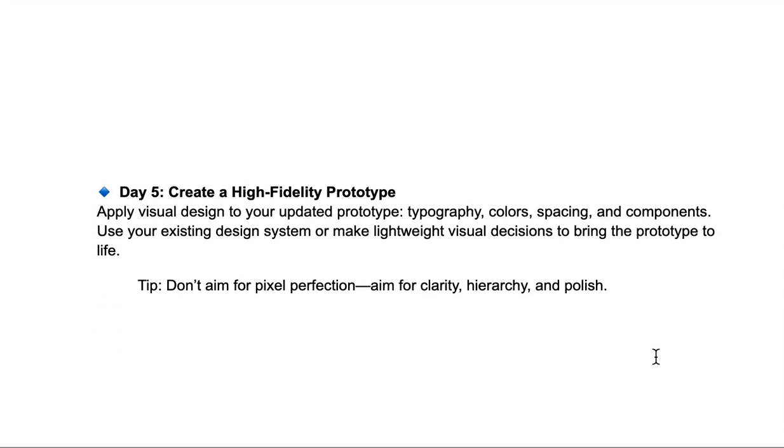And then day 5, create the high fidelity prototype. So again, don't aim for perfection here, and I would say it would also be stressful if you tried to aim for high fidelity on the entire experience. So if in the first step you wireframed out the entire app and then you picked a core area, this is maybe not a moment to go back and high fidelity the entire app.